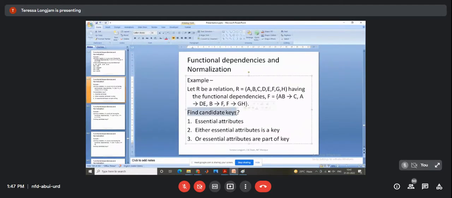For that, the first thing you need to get is the essential attribute. So what is this essential attribute? I'll tell you.